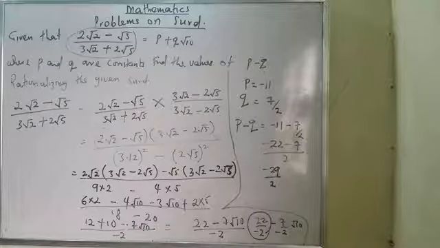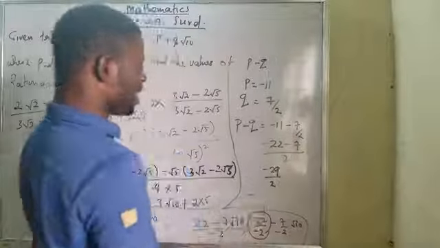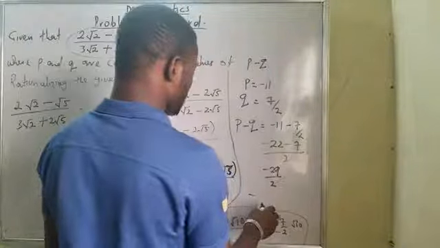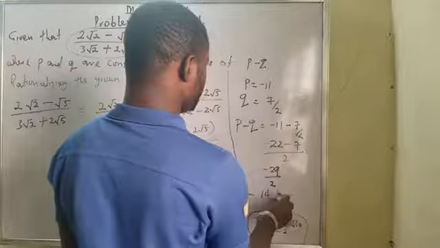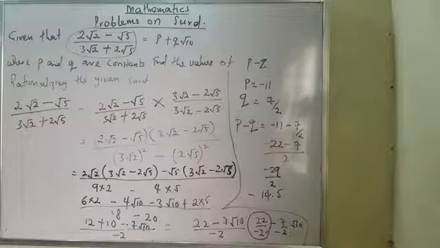You can make it a decimal or a mixed fraction. How many 2s can we do to get there? 20 times 2 will be 40. So it will be minus 20.5. That is my answer.